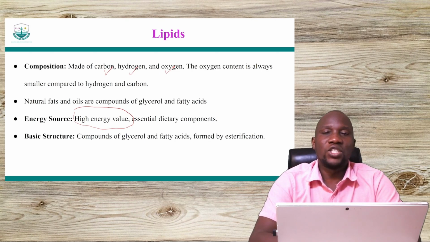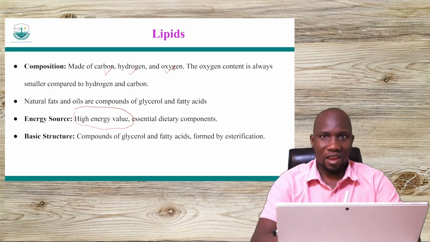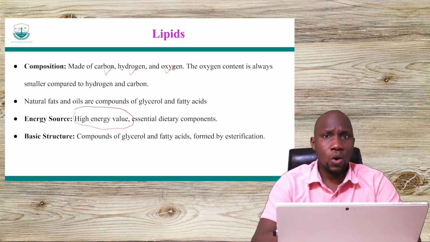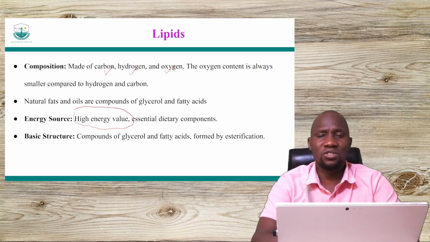You'll realize later on that this is because of the number of hydrogen atoms that we have in lipids. They are very important for a number of functions. Remember, I said they are very diverse, meaning that there are very many types of lipids, and therefore they perform very diverse functions.